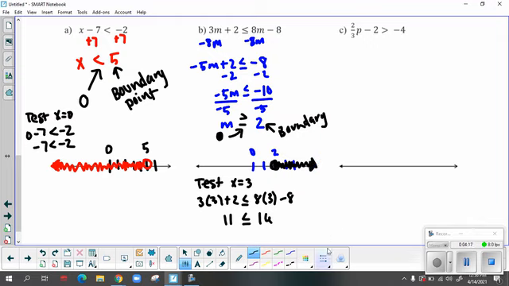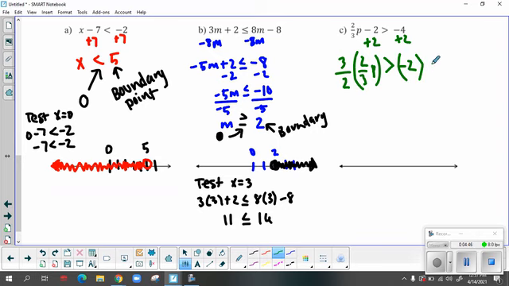Awesome. Okay, and the final practice we are going to do does involve a fraction, but it should not make a difference. We follow the same exact process. So I'm going to add 2 to both sides, and we have 2/3 times p is greater than negative 2. And I'm going to multiply by the reciprocal of 2/3 to make it a 1.